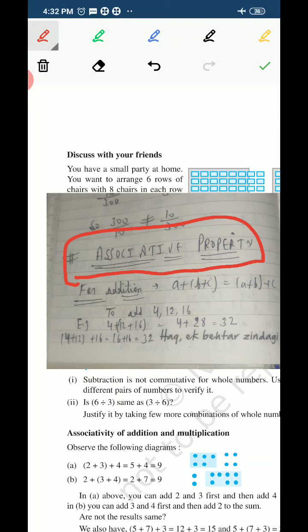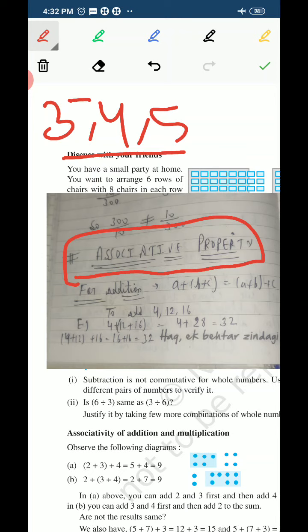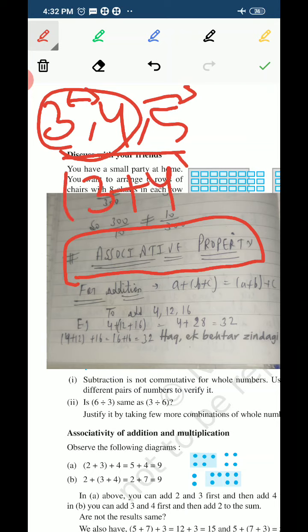We have numbers 3, 4, 5, and we want to add these numbers, but in different associations. In the first association, I want to associate 3 and 4 first, and whatever is the result of 3 and 4, I want to add that to 5.